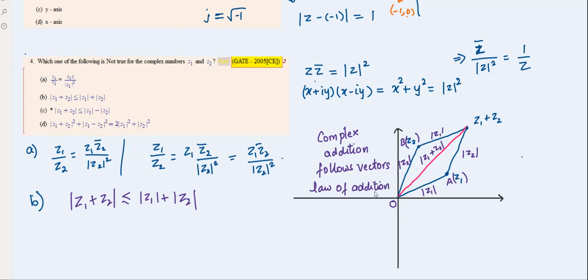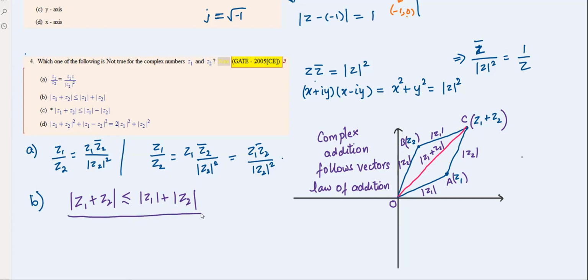Okay, so now mod Z1, mod Z2, and mod of Z1 plus Z2 are the sides of a triangle OA. Maybe you call this as C. So OAC triangle. So the sum of the two sides of a triangle is always greater than the third side.